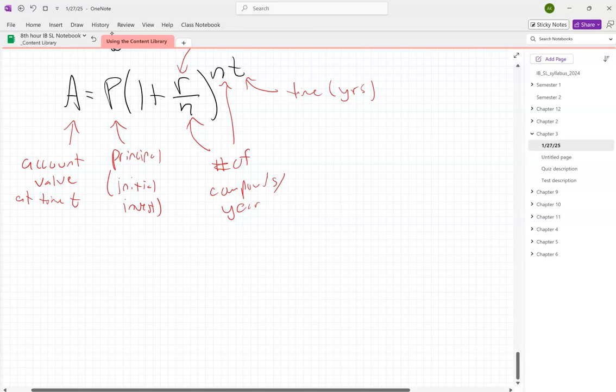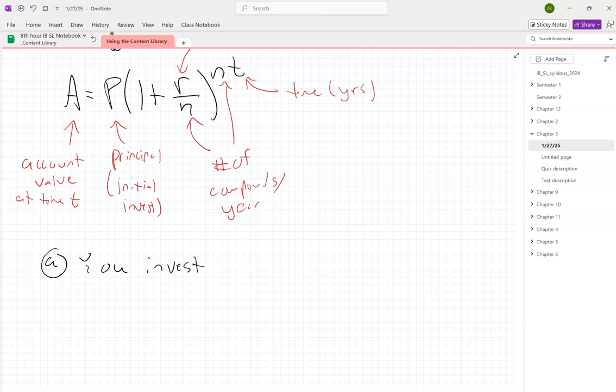Okay, so essentially this is our formula. So let's say you invest $15,000 in an account earning 6% annual interest compounded monthly.